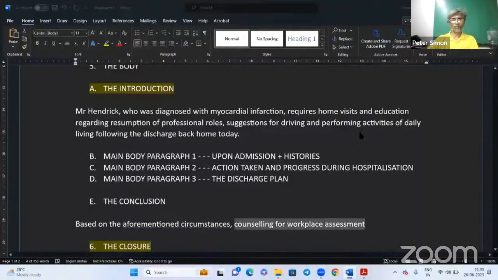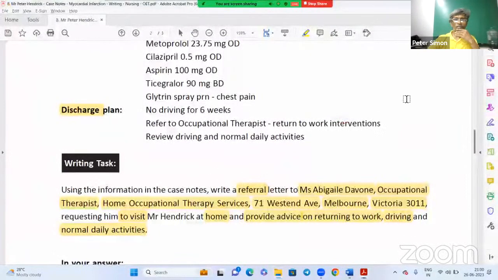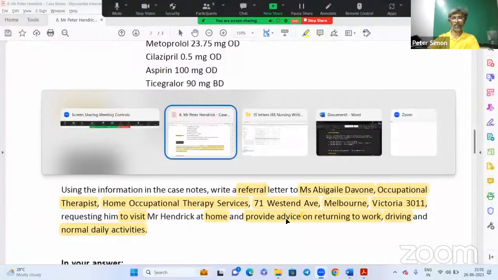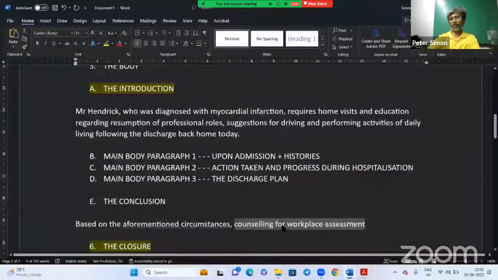You can also say interventions, professional intervention regarding workplace assessment. Like that also you can say, try to improve the quality as far as you can. Professional guidance, professional suggestion, professional counseling, counseling by expert, you can say, for workplace assessment.